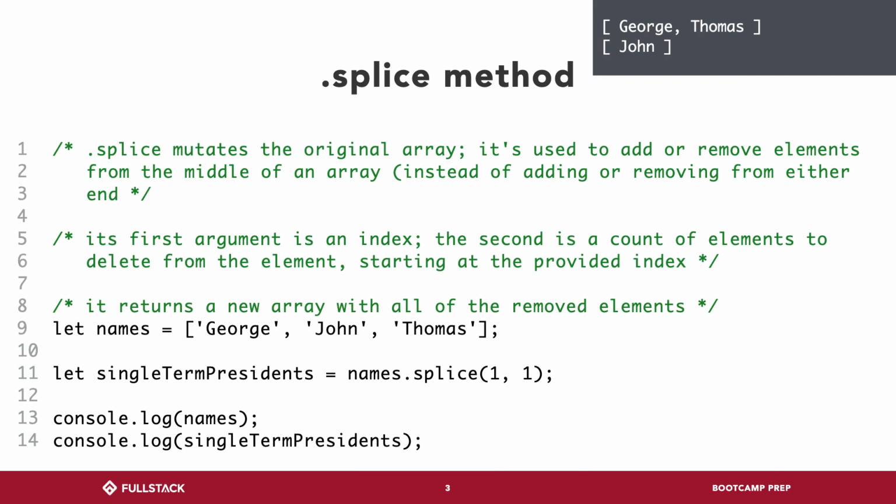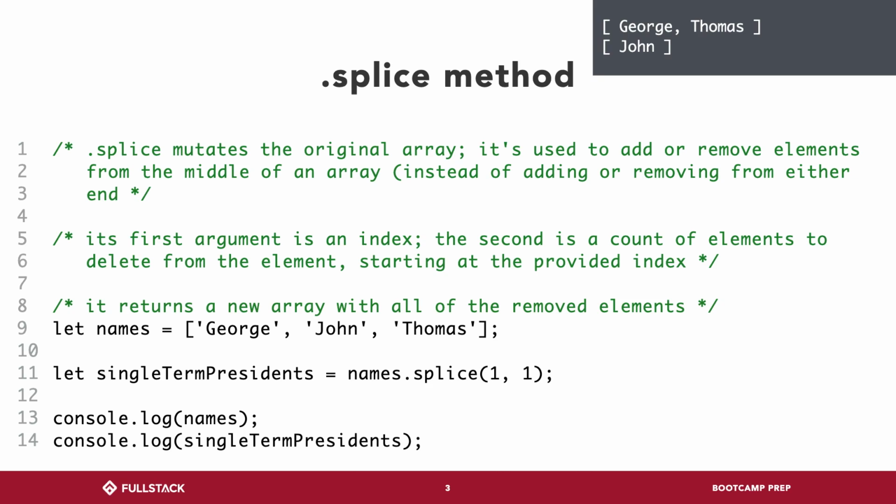So John got taken out, so names is now two things, but single term precedence is a new variable in array form, even though it's one thing, okay? It's not returning the value of everything, it's returning everything that got deleted in an array form. So even if it's one thing, even if there are no things, it's still going to be an array.